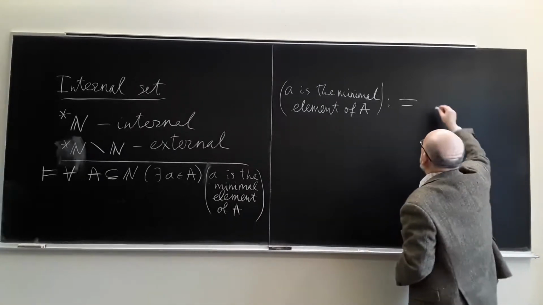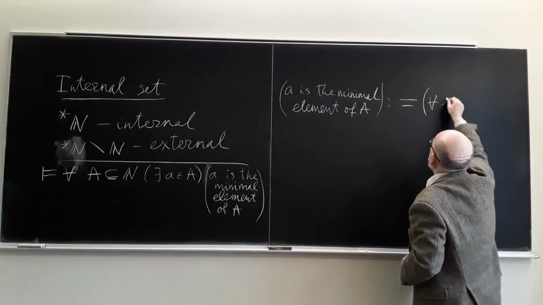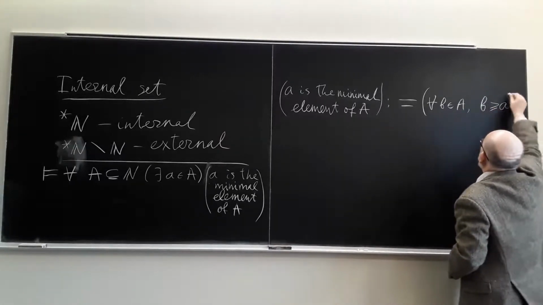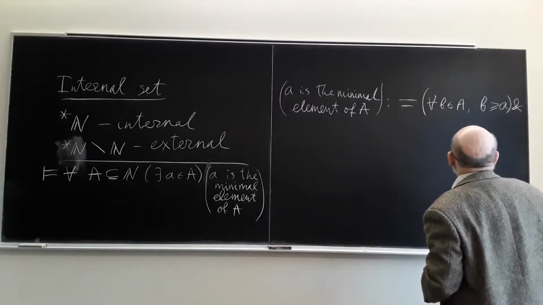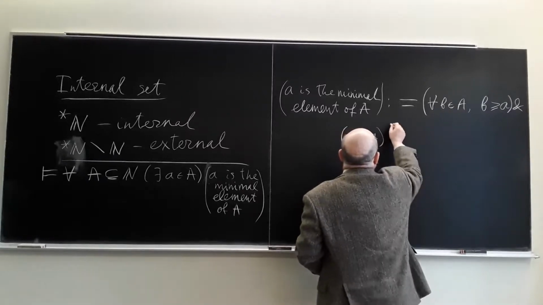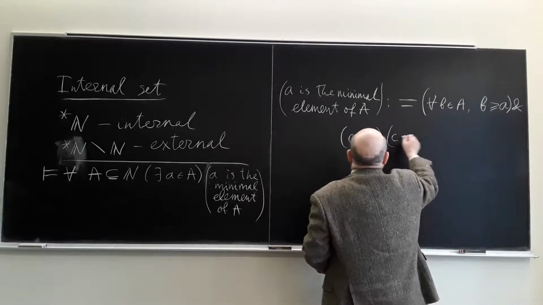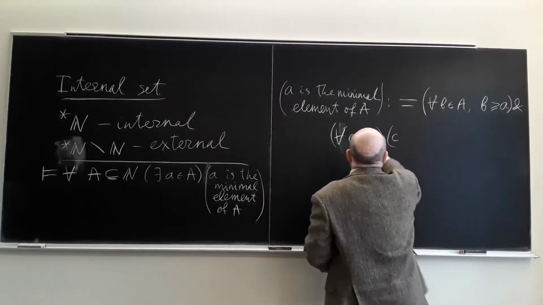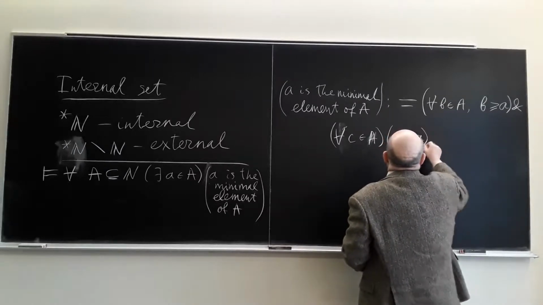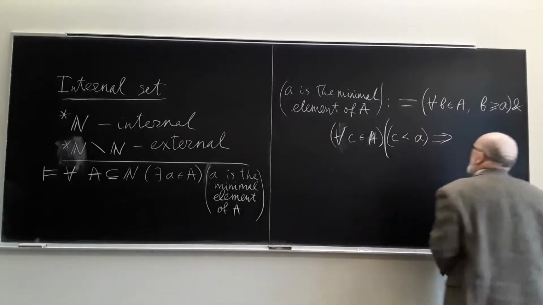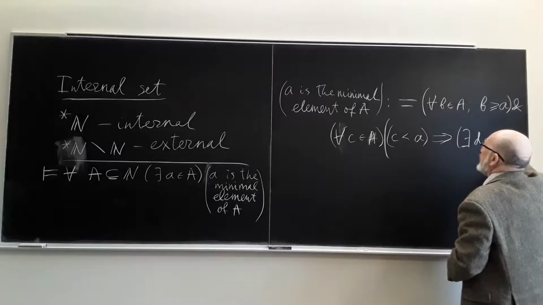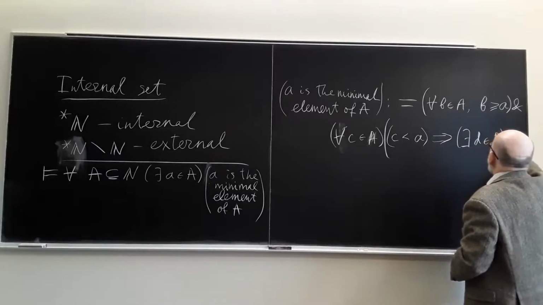It is the same as: for all b in A, b is more or equal than a, and for any c in A, if c is less than a, implies that there exists element d in A such that d is more than c.